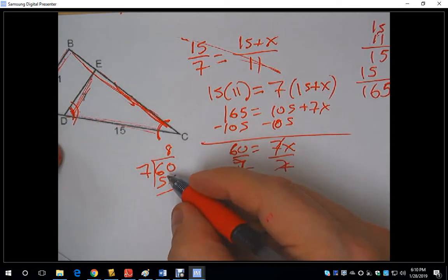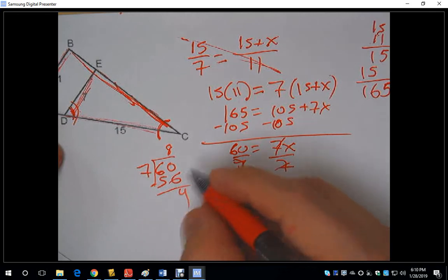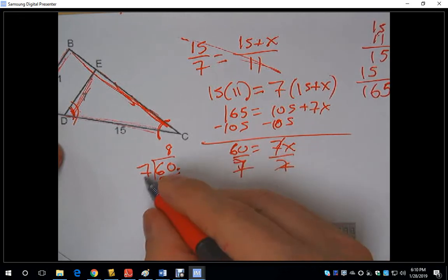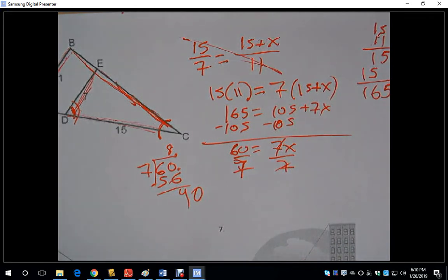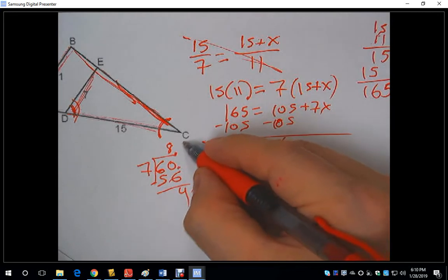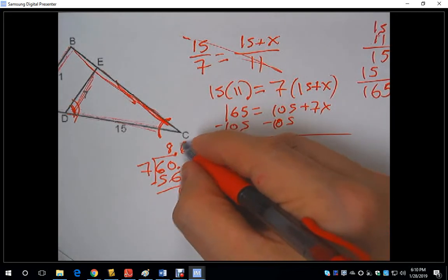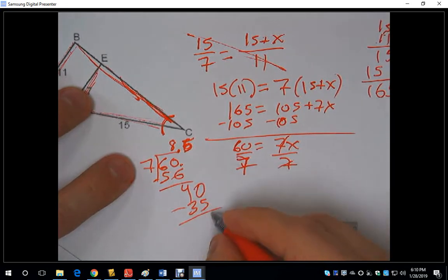And then 60 minus 56 gives me 4. We can bring down the 0, and 7 goes into 40 5 times. 7 times 5 is 35. Subtract, that gives us another 5.